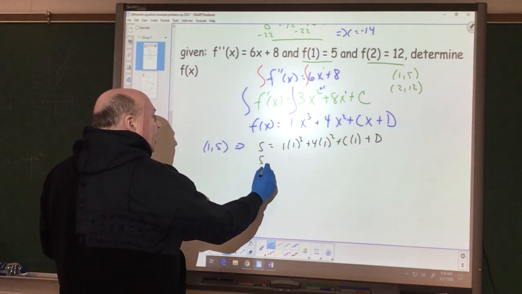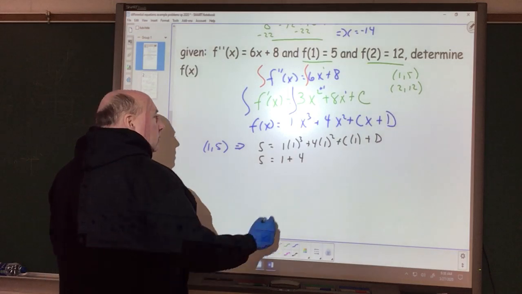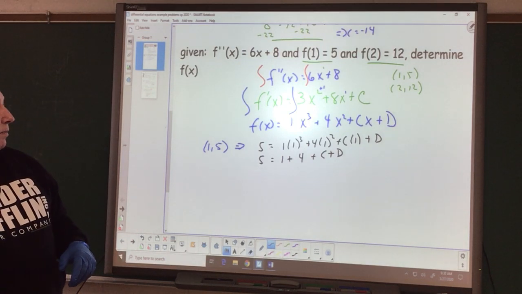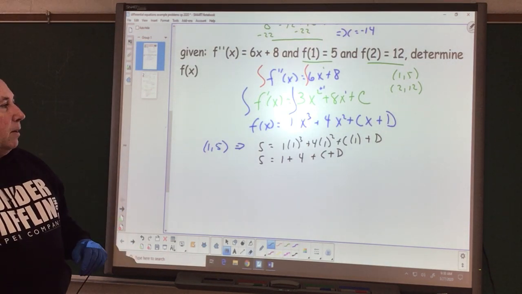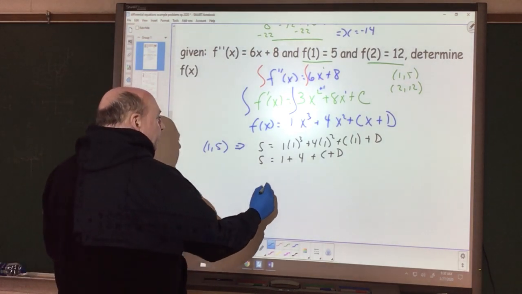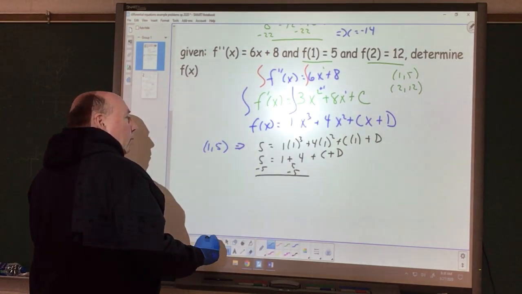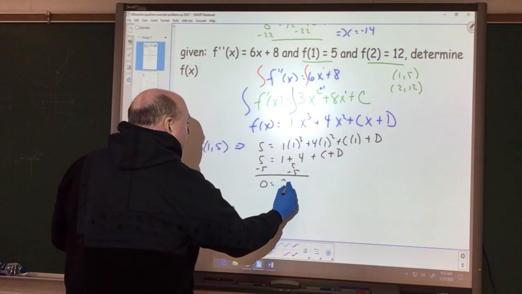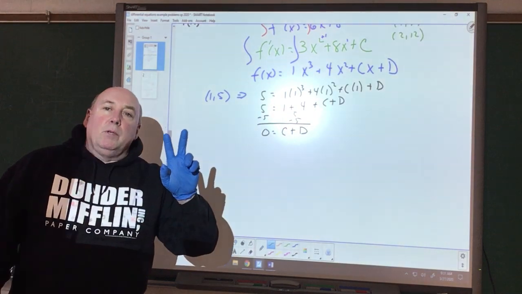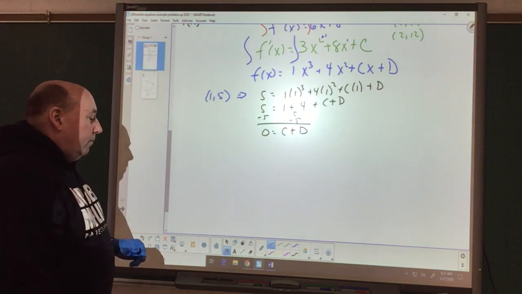So we have 5 equals 1 plus 4 plus c plus d. I just picked numbers out of my hat, and this is what we came up with. So this comes down to 5. I'm going to subtract 5. So what we're left with is 0 is equal to c plus d. Now we have two variables we need to solve for, so we need a second equation. Two equations, two unknowns, it's systems of equations.